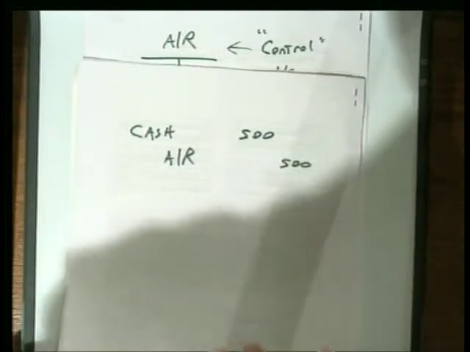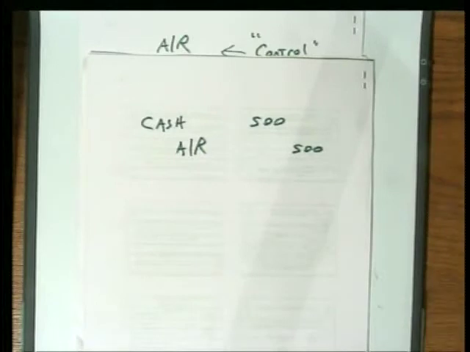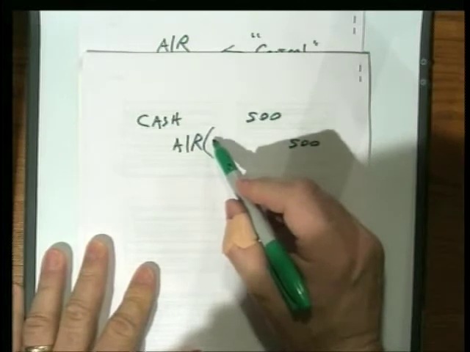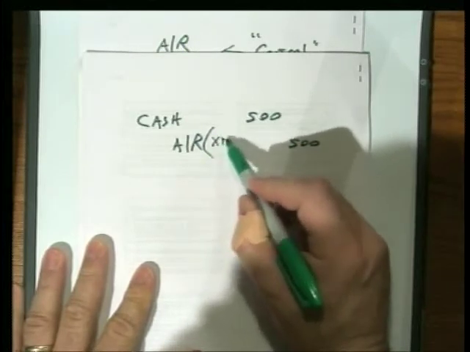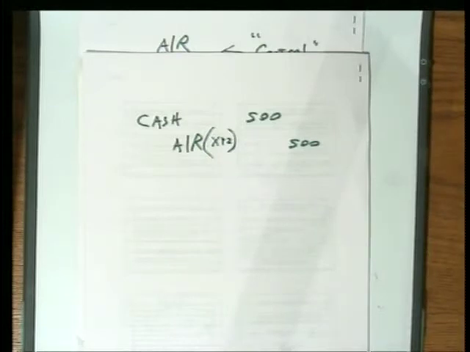That's the journal entry, right? But what you'll find that we start to do in this chapter is put in parentheses which customer we're talking about. XYZ in that case.